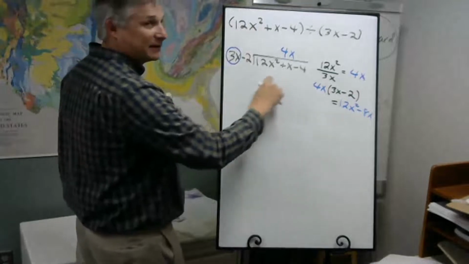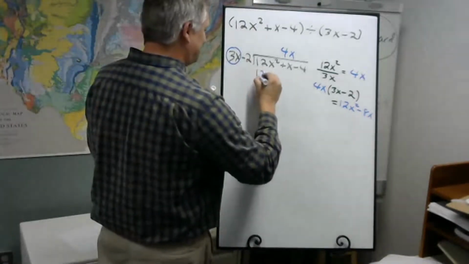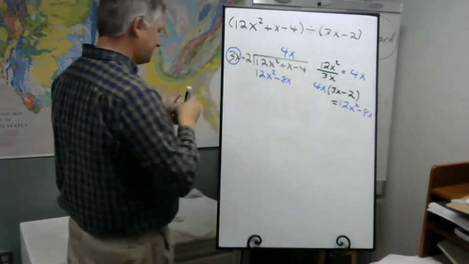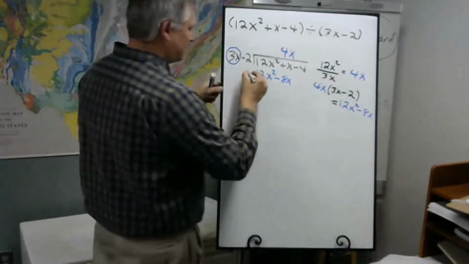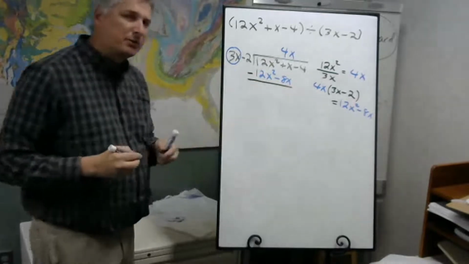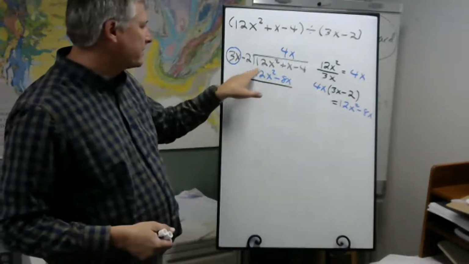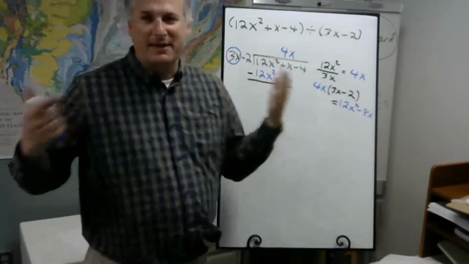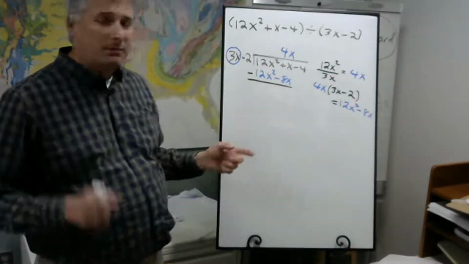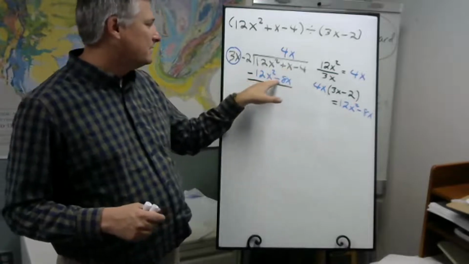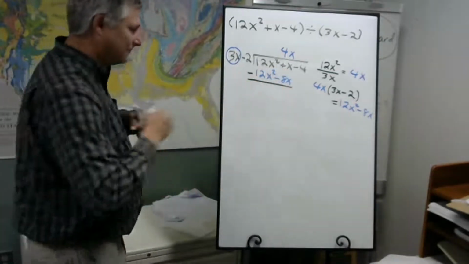So that's what goes under here. Now, when we subtract term by term, we want to be a little careful. 12x squared minus 12x squared, okay, that's 0. But this one is x minus negative 8x.